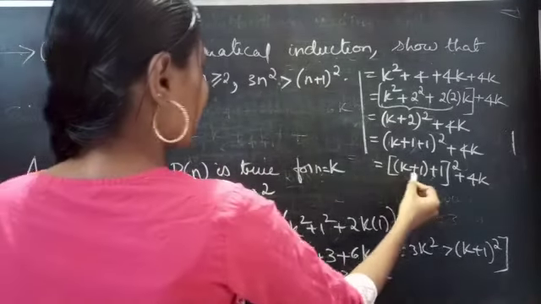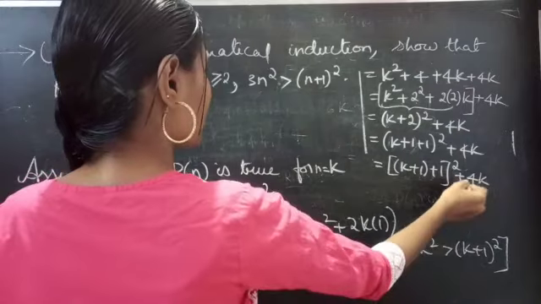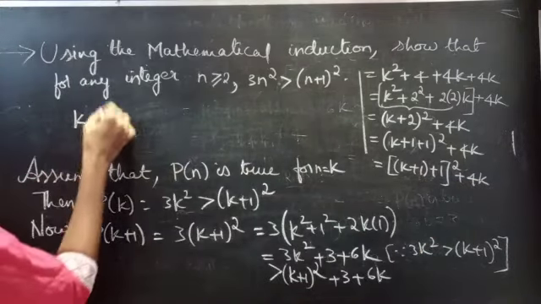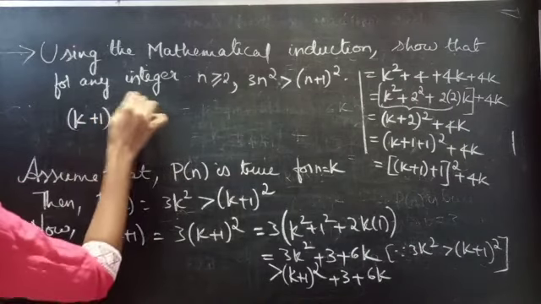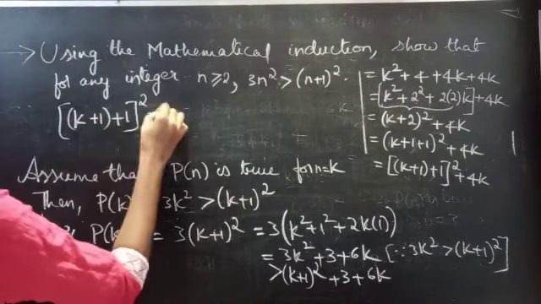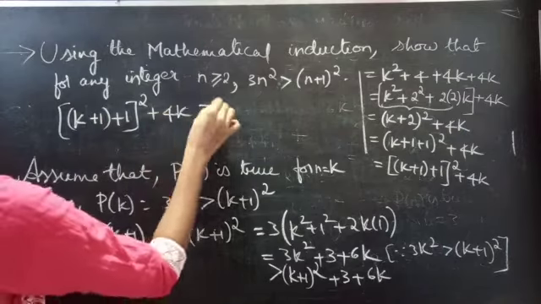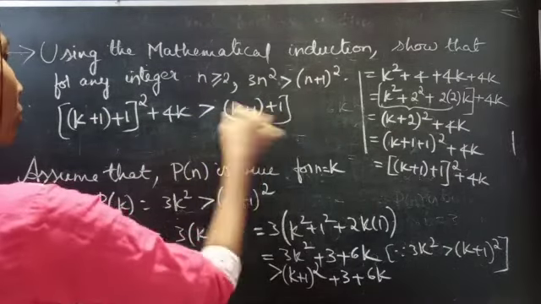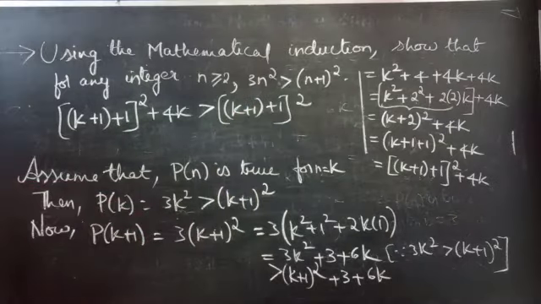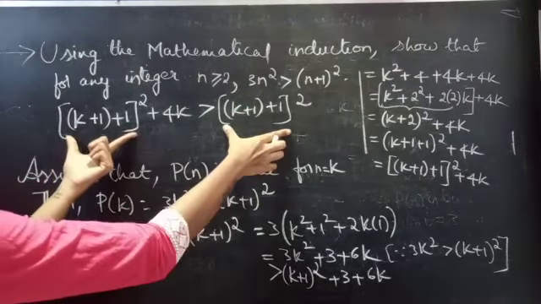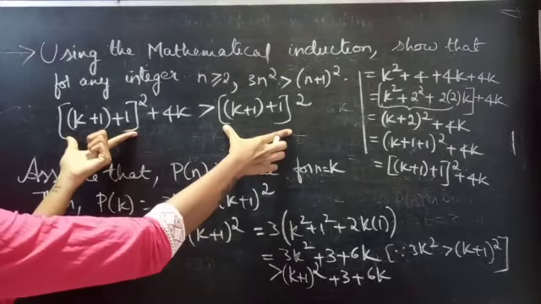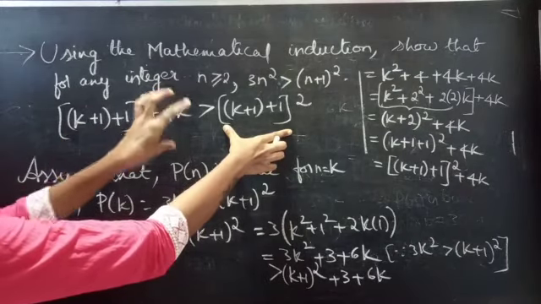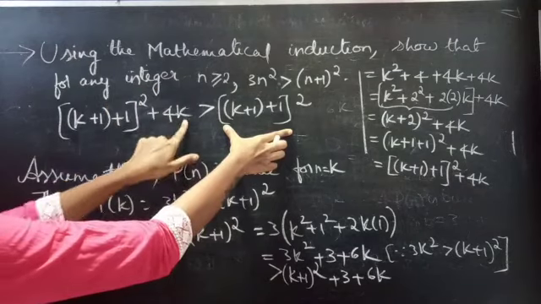So we are having k plus 1 whole square plus 4k. Can we say that k plus 1 whole square plus 4k is greater than k plus 1 whole square? See, we are having same term in LHS and RHS, but in the LHS you are having one more term, that is plus 4k.